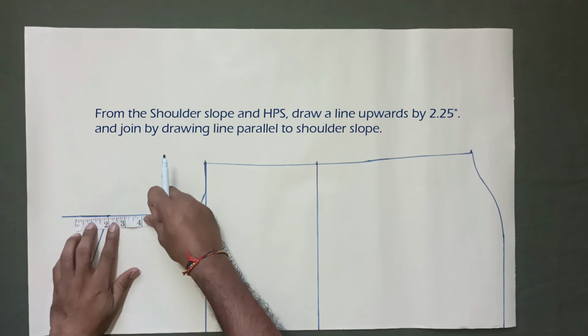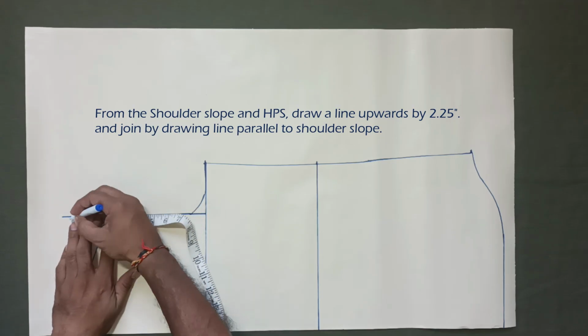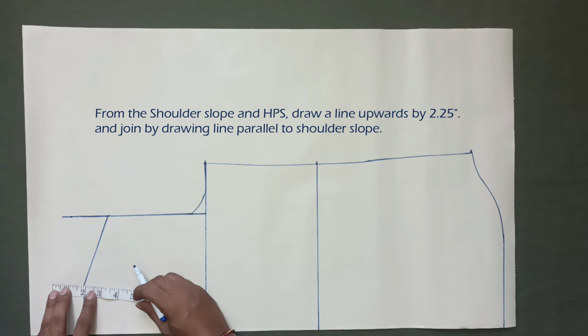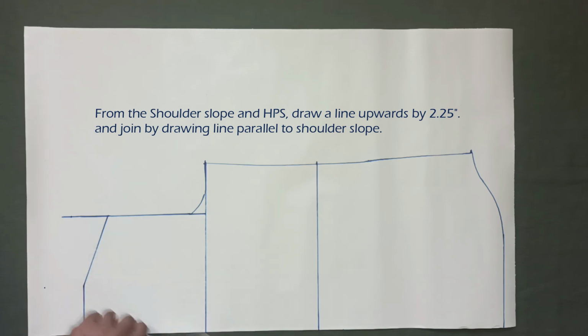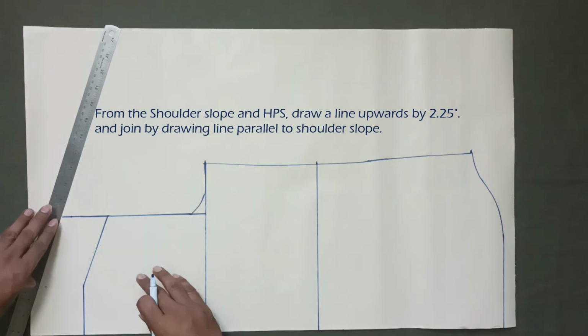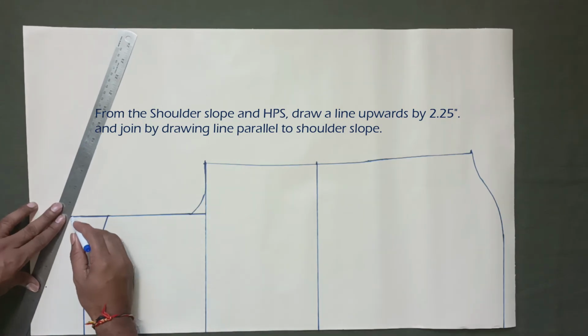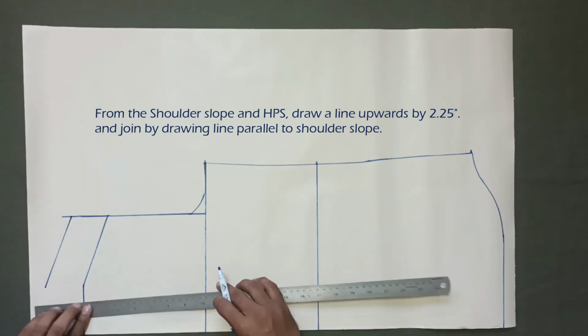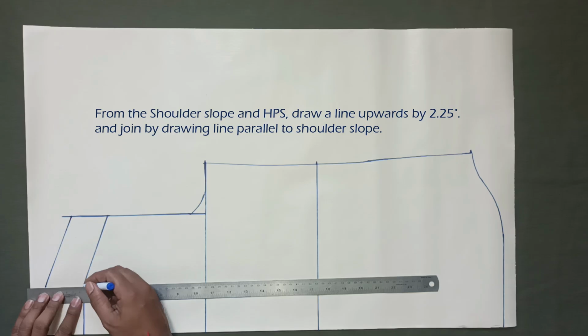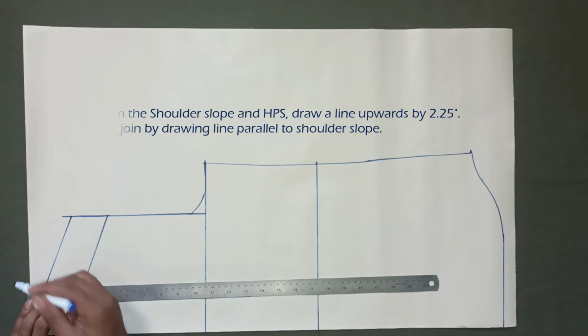Once after tracing, from the shoulder slope, mark 2/4 inches, and from the highest point of the shoulder, mark 2/4 inches straight, and draw a shoulder slope line and join to the highest point of the shoulder.